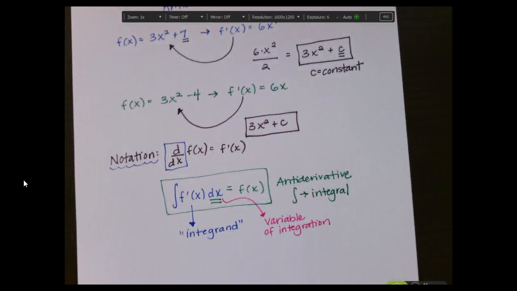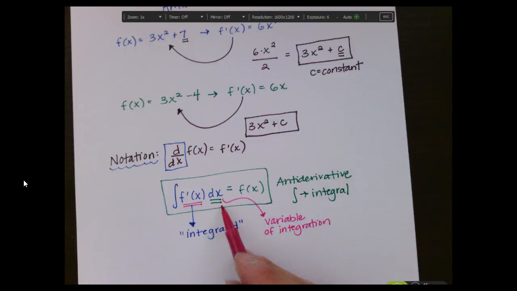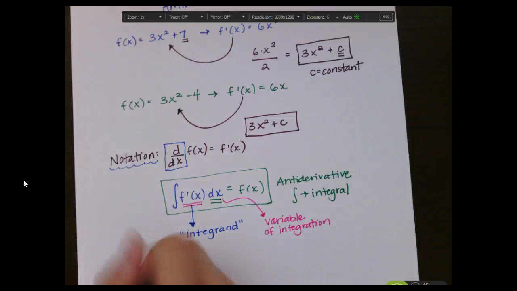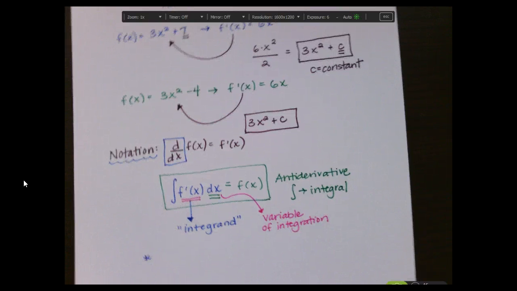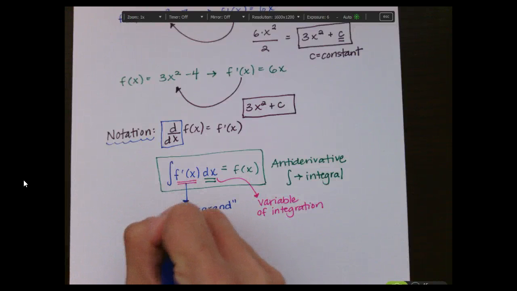So we've got the integrand, which is the actual function that we're taking the antiderivative of, and then we have the notation that tells us with respect to which variable we're doing that. One other thing to note is that here, when we talk about integral, we are talking about the process of integration.